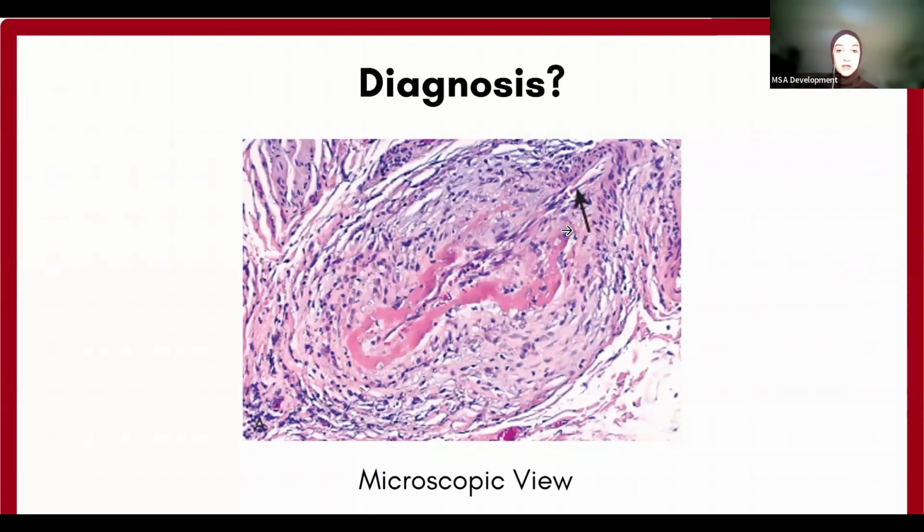In the matrix around the vessel, you will see a lot of lymphocytes and a lot of collagen deposition, all because of the inflammation. One thing to keep in mind is that this disease spares the pulmonary circulation, so there will be no pulmonary symptoms.